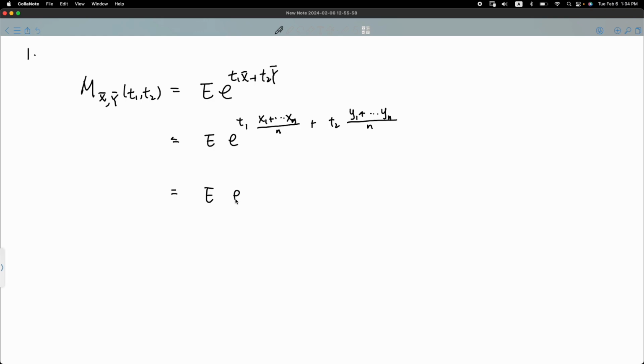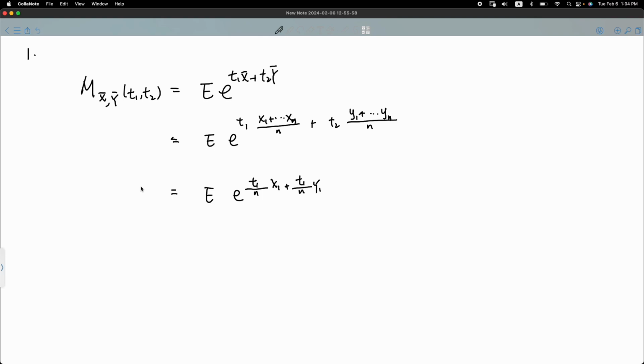That means we have e of t1 multiplied by, maybe I'll also bring the n in here. Each of them shares a scalar of 1 over n, so I'll bring the 1 over n to each of the t, and then t1 over n x1 plus t2 over n y1.